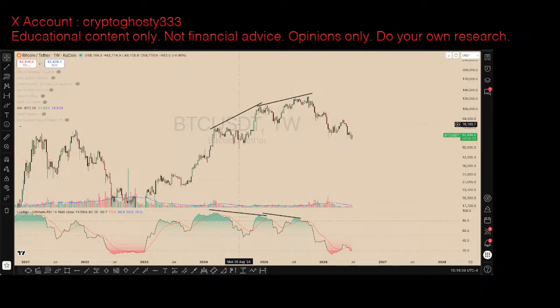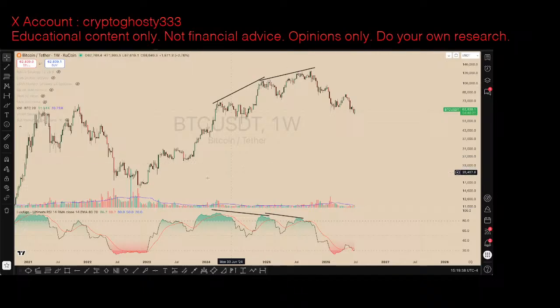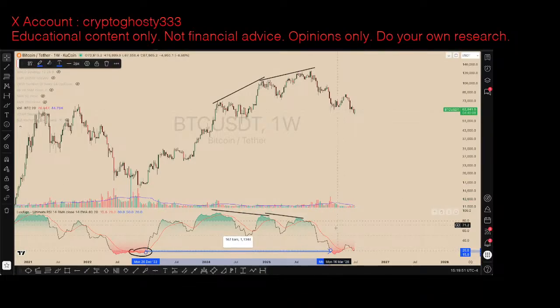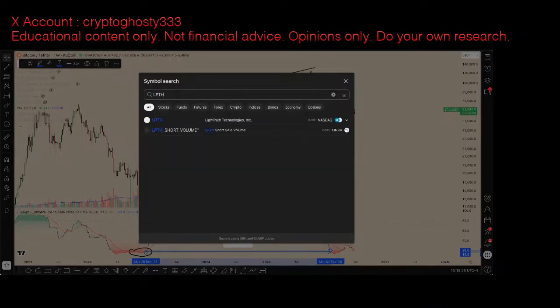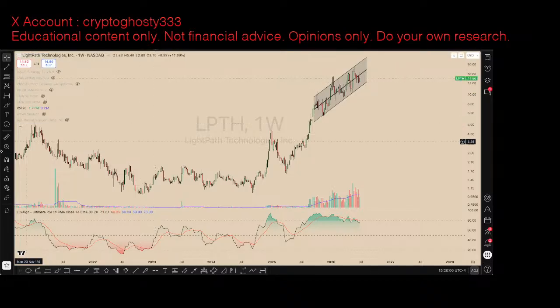So I'm just showing you the similarities of what happened in Bitcoin, and see this time around the RSI hadn't been that low since 2022. Imagine, it took more than 1,000 days for the RSI to fall back down. So if we go now to LPTH, we're seeing similarities.